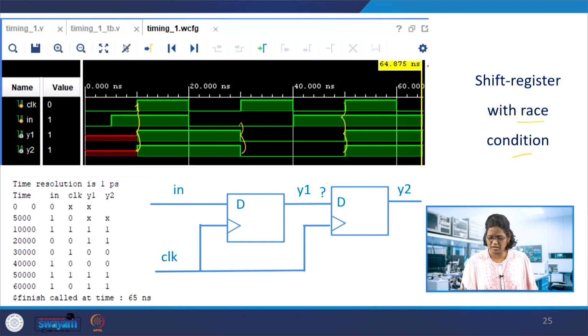This will have the race condition anyway, because the race condition can be due to this sampling, and at the sampling edge you can have setup time and hold time violations. Also, the data should not change at the passage of the clock. That would also cause race conditions in these types.